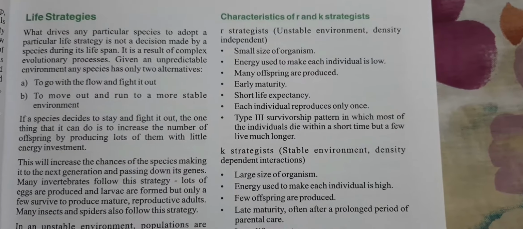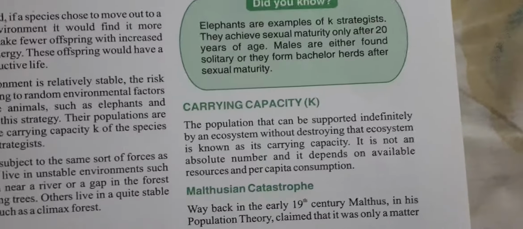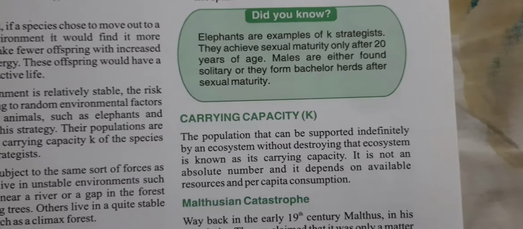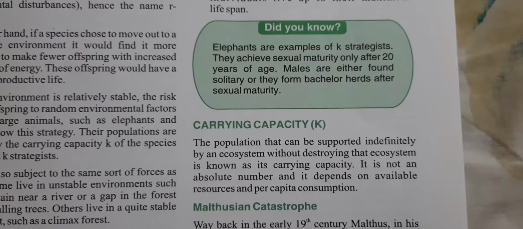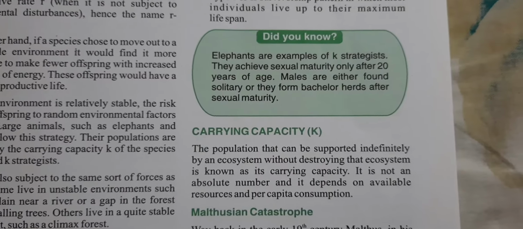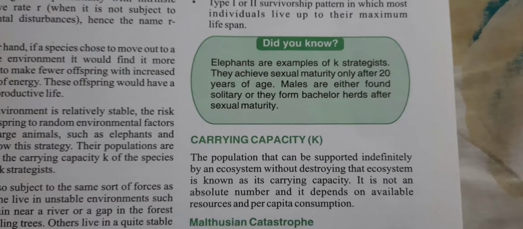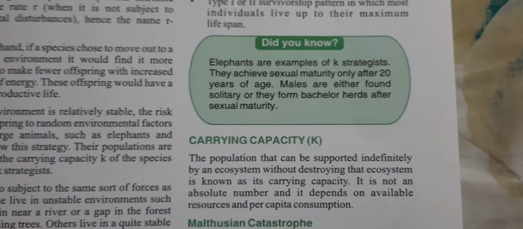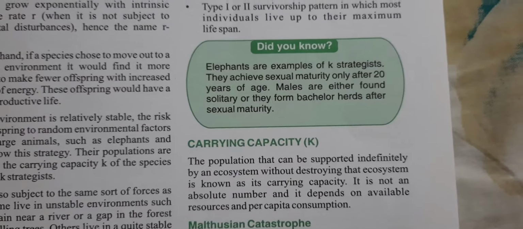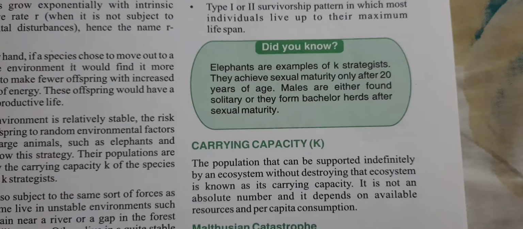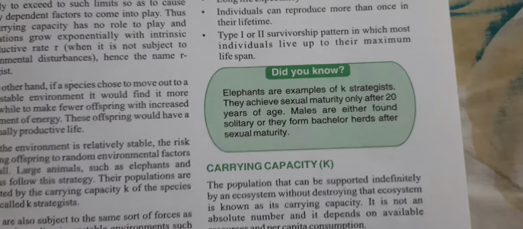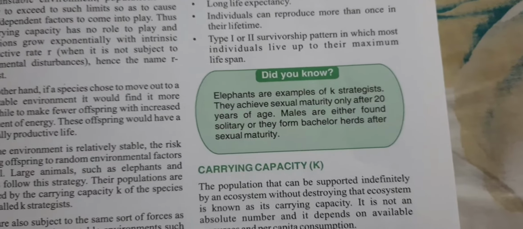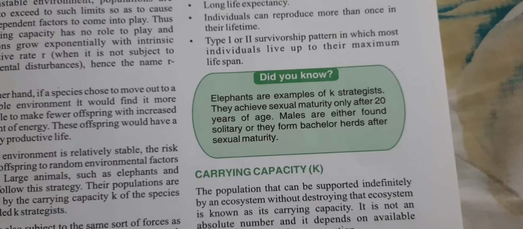Before that we have to know what carrying capacity is. Carrying capacity is the population that can be supported by an ecosystem without destroying the ecosystem. For example, if there is a grassland with many resources, meaning the plants present in the grassland, it can hold 100 cows.